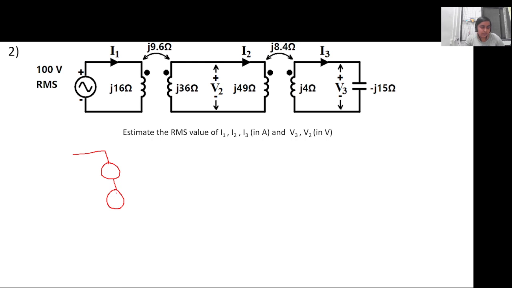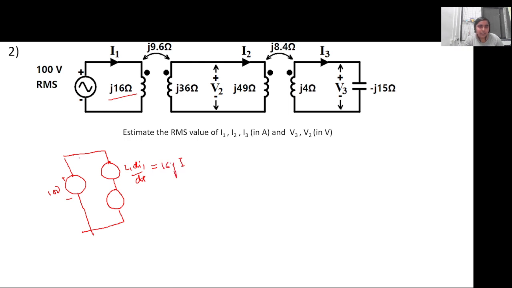So we are drawing first the first loop. There is a 100-volt RMS source connected, and there will be a self inductance introduced, L1 di1 by dt, which is given here as 16j, so 16j I1.